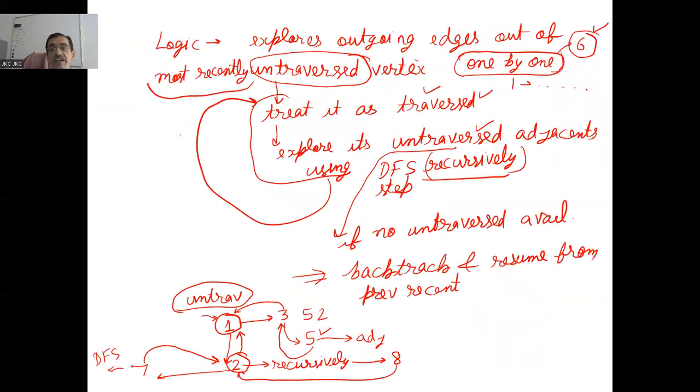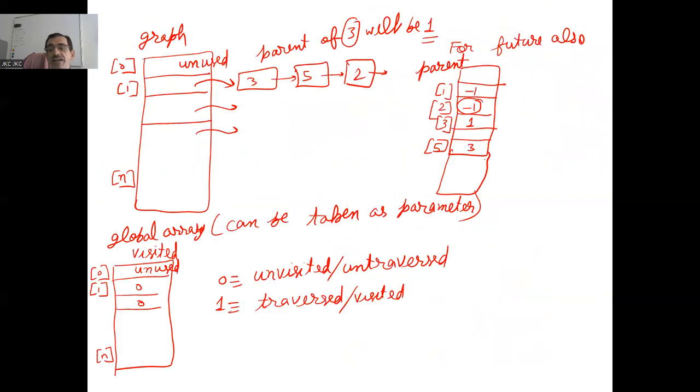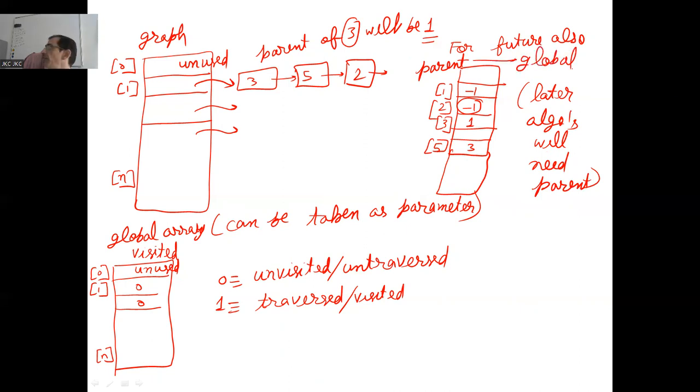This parent array I will need later, so I will store it. Later algorithms will need it, and that's why I'm storing it initially, though for the time being it will not be used. So we assume this is also taken as a global array, and accordingly I will do.